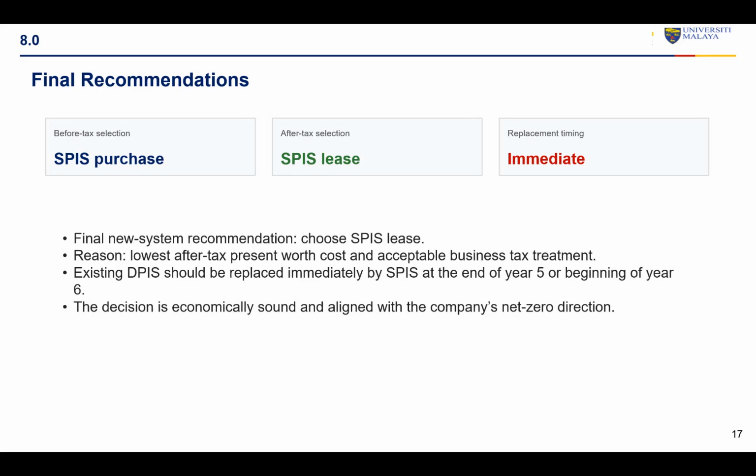Therefore, the company should select SPIS lease for the new irrigation system. For the existing DPIS, the company should replace it immediately with SPIS. This decision reduces the economic cost and supports the company's environmental and net zero objectives.